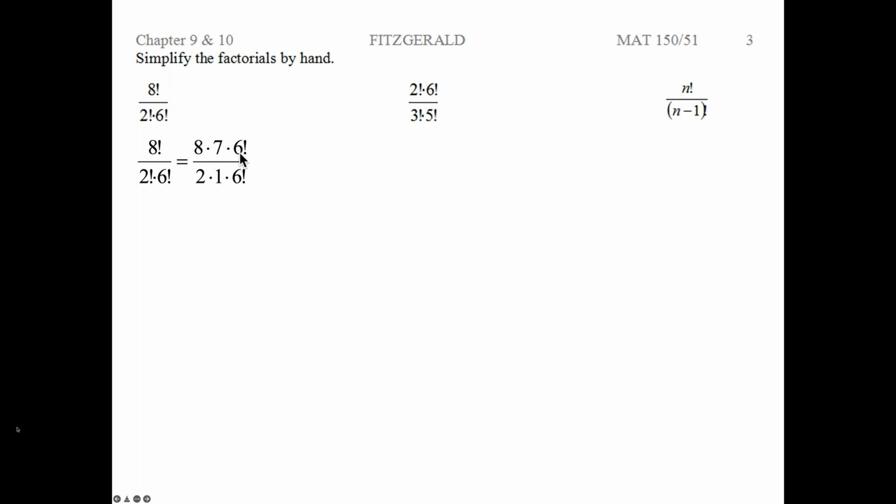Now granted, I could go 6 times 5 times 4 times 3 times 2 times 1, and the 6 factorial on the bottom would be 6 times 5 times 4 times 3 times 2 times 1. But my question is, why write out an extra 5 factors, another 5 factors on the bottom, just to slash them out? We can just cancel the 6 factorial. And the 2 factorial, since it's not going to match up with anyone on the top, we'll just list this out as 2 times 1. And so that way the 2 can go into the 8 4 times. My 6 factorials cancel each other out. 4 times 7 is 28. I'm done.